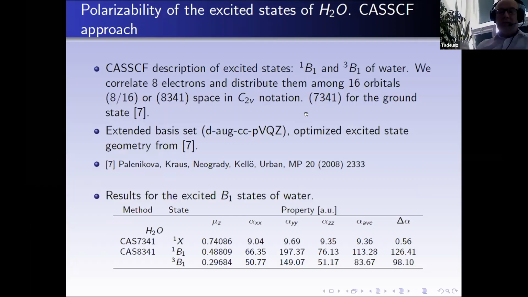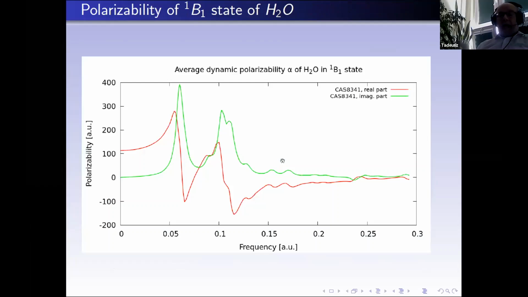So just let's see results for water. I just want to show you that the excited state polarizability of singlet and triplet states of water is really dramatically different from the ground state. We have this average dynamic polarizability plotted here, two curves, imaginary and real part.